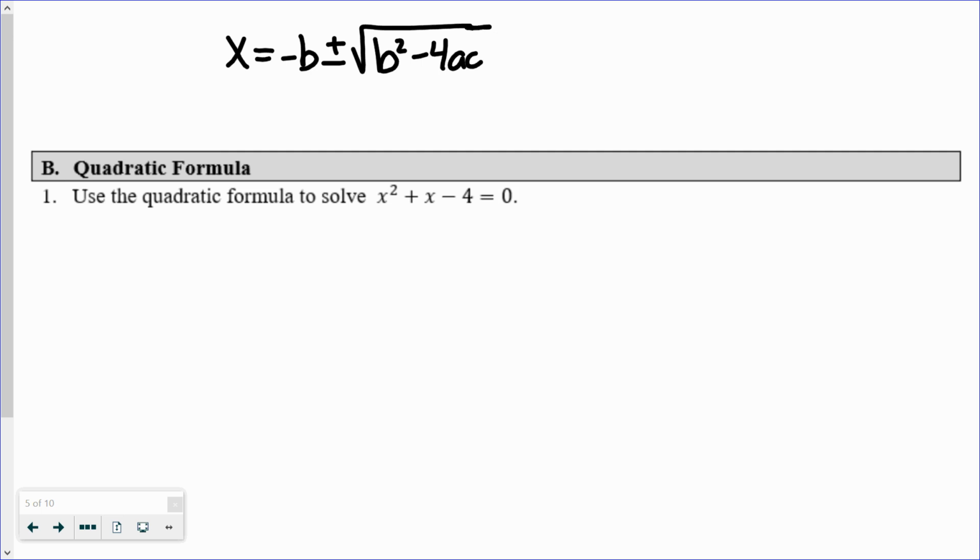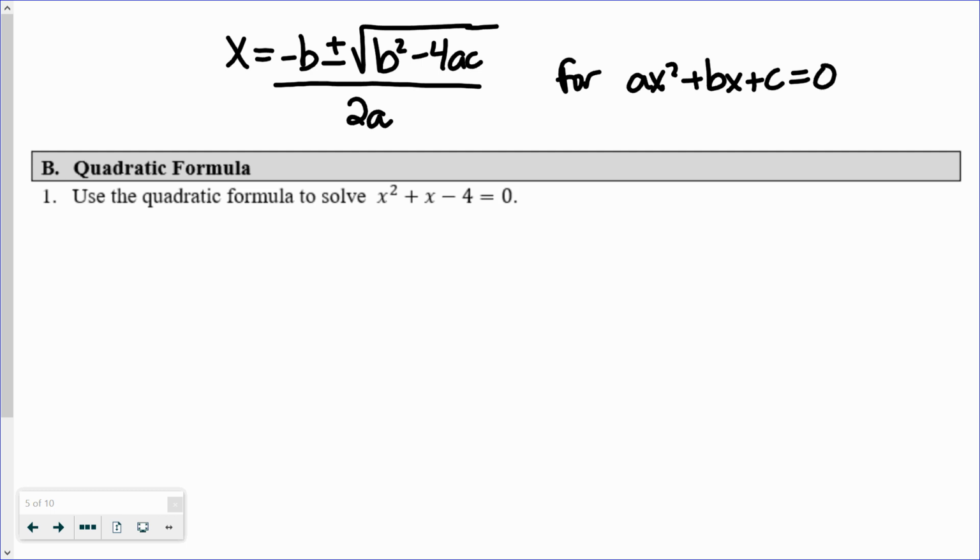That's all under the radical symbol, all part of the radicand, divided by 2a. And again, in order to use the quadratic formula, you need to have it in the form ax squared plus bx plus c equal to 0. So you need to have it set equal to 0 and everything gathered properly with their like terms.